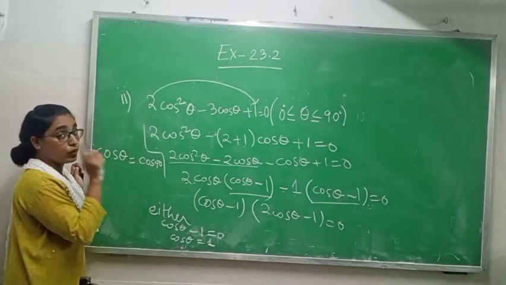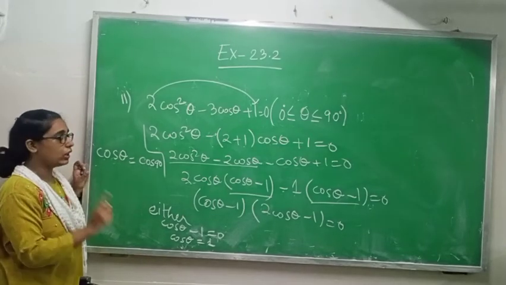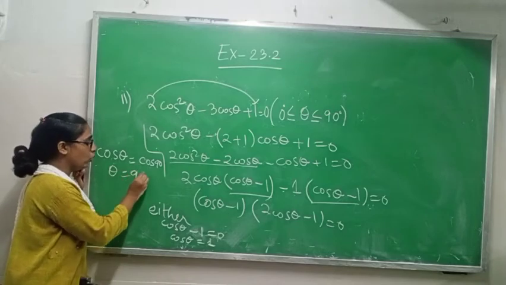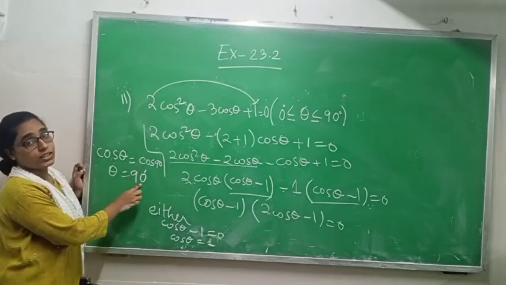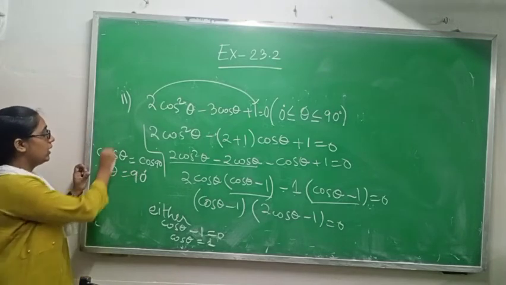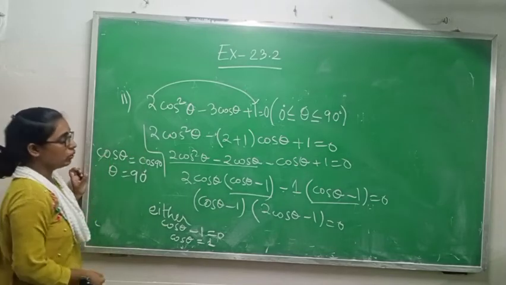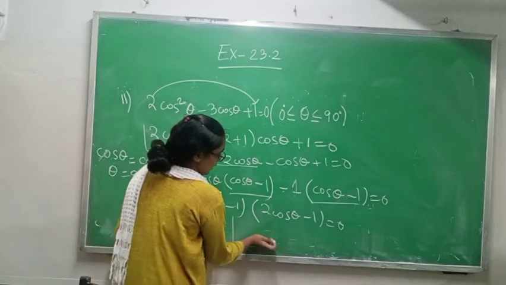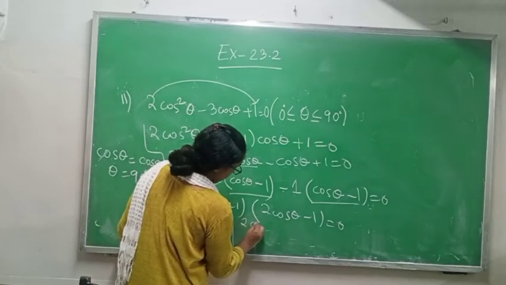Cos will cancel out, but you will not show that cancellation. Only write theta equals 90 degree, but please don't show the cancellation, it is not allowed because it will nullify. When you study in class 11 and 12, then you will understand.